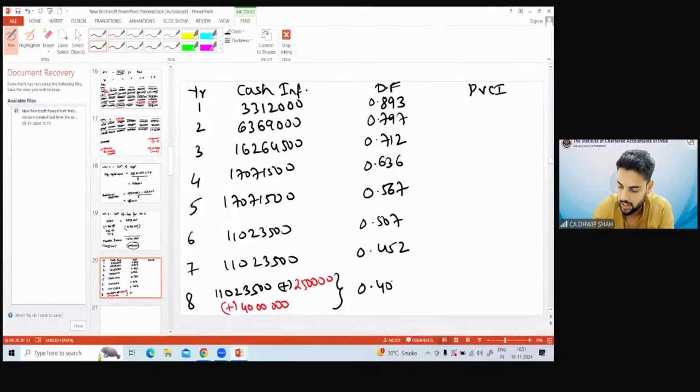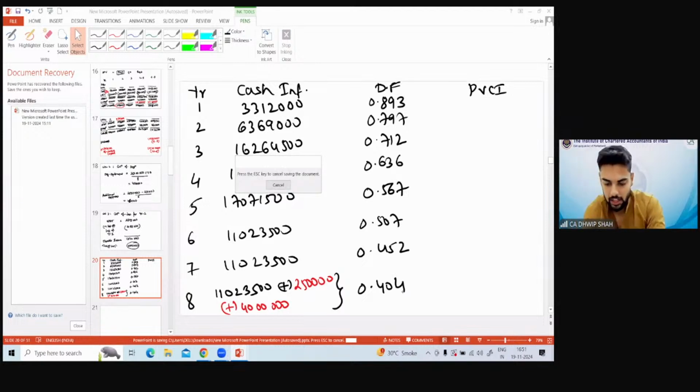So you just need to multiply yearly cash flows with the discounting factor and calculate total PVCI.